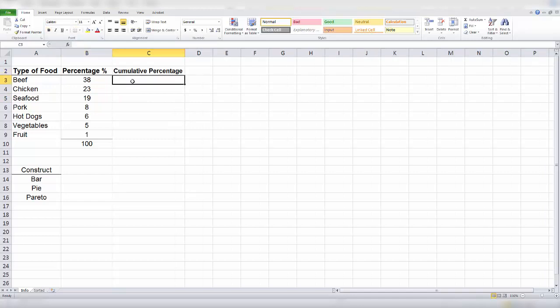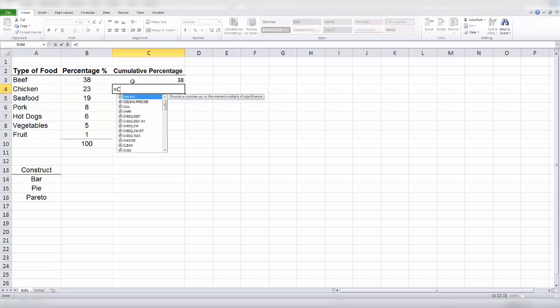All right. So calculating your cumulative percentage is quite simple. It's just like a running total. So equals B3 at first, because it's always your first percentage there, your default. And then equals C3, so we're taking that and adding to it B4.